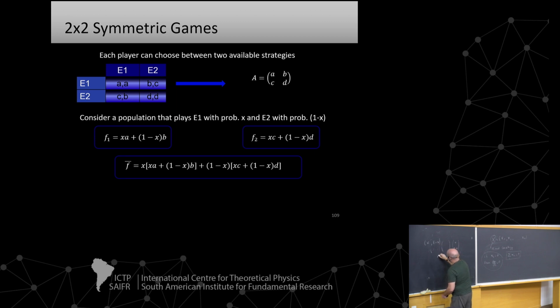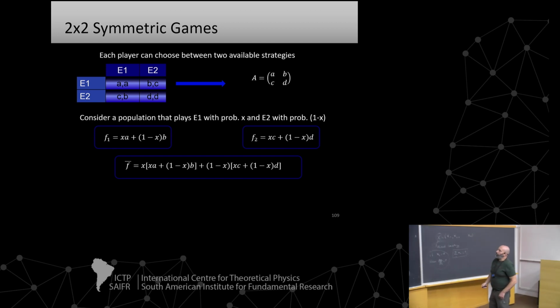The payoff of the strategy E1 is this, the matrix and this here. And the payoff of strategy 2 is this, the matrix and (x, 1 minus x). Okay? So I have the payoff of strategy 1, the payoff of strategy 2, and the mean payoff.